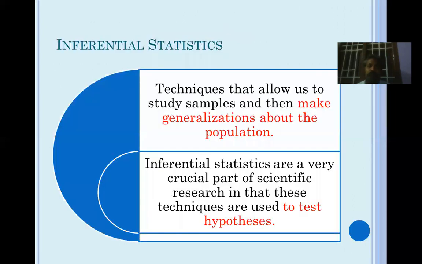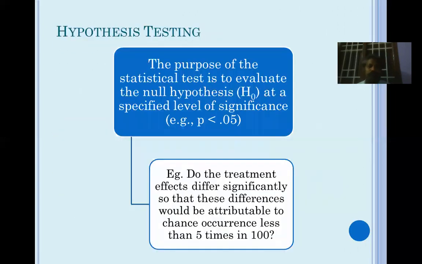Fine. Okay, that's what I told you. Now, I was talking to you about the hypothesis and testing a hypothesis. See, a hypothesis is nothing but a tentative statement, an assumption you have before you start your research work.